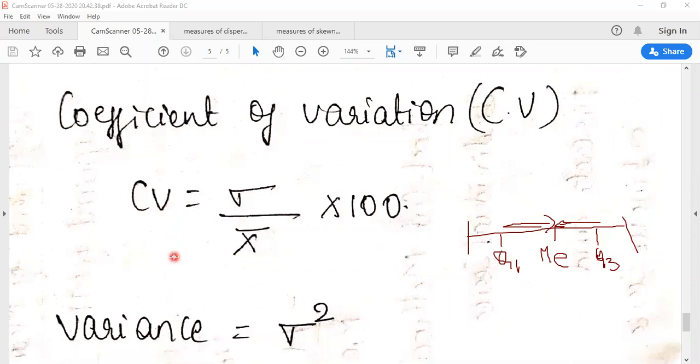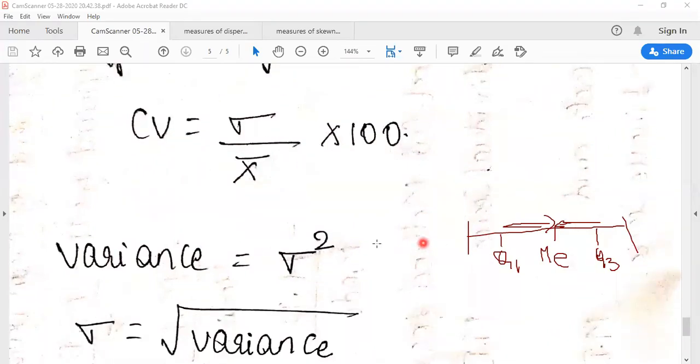A few questions are there where you have to find CV also. Coefficient of variation, the formula is very simple. Find the arithmetic mean, find the standard deviation, divide both of them and then multiply by 100. So coefficient of variation is nothing but standard deviation by x bar into 100.